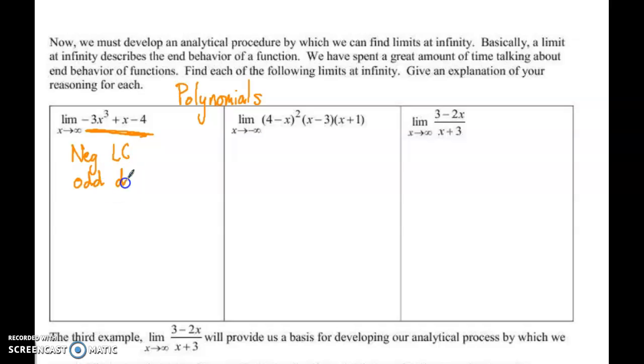This is why we make you learn this more than 1 year before this. So the negative leading coefficient means it's flipped, and the odd degree, this function looks something like this. And because it's asking for the infinite, that is the right end behavior, well, what's the function doing? It's going infinitely down. So this answer, let me change colors to kind of liven up what the answer is, negative infinity.